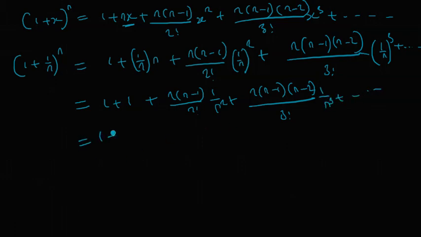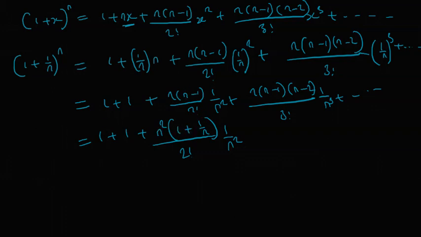This is 1 plus 1 plus, this is n squared times (1 plus 1 over n). This is how I will write it, all divided by 2 factorial times 1 over n squared. This means that if we factor out n, n times n is n squared, n times n is n, so if you factor out n squared, you find that you have n squared plus n.